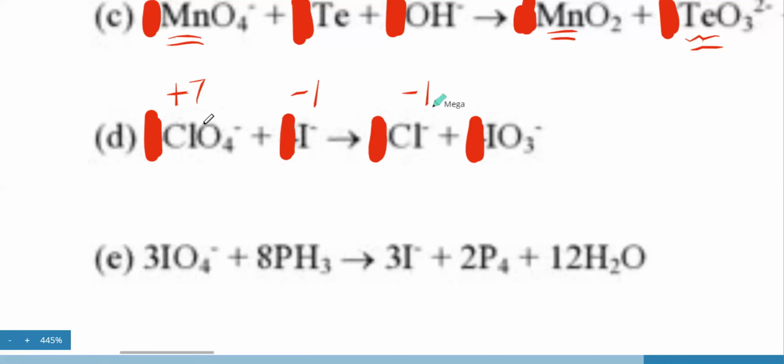There's a -1 charge over here. What about this one, iodine over here? Is it 5? That one is going to be 5, yes.